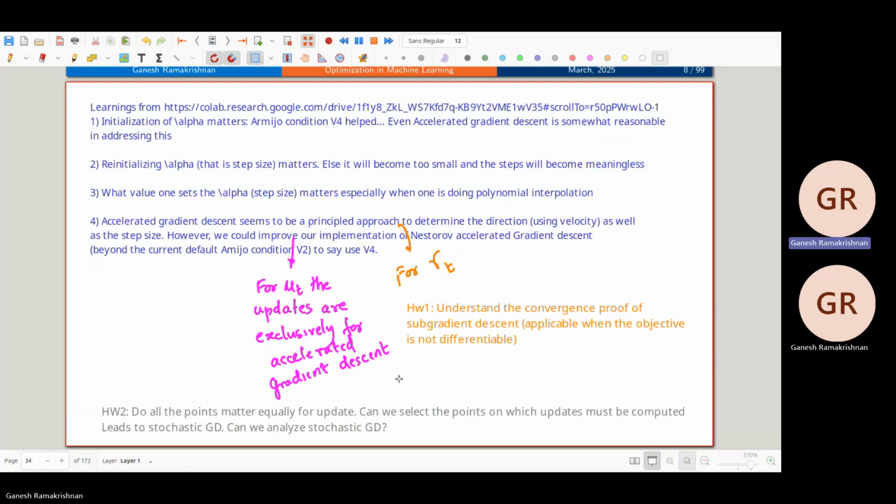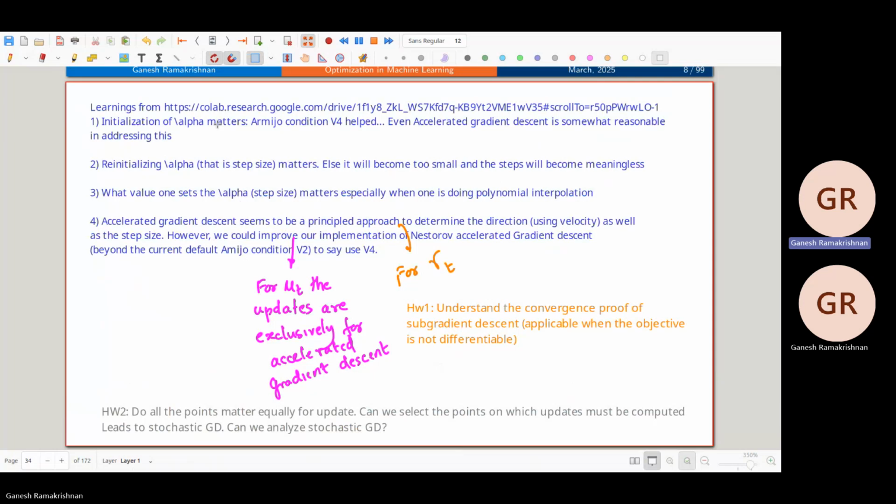If you look at the Colab, there are some other learnings I've put all of them together. So initialization of the alphas. Alphas are the learning rates, gammas, which we use here. The initialization is going to be very important. In Nesterov, there is some initialization, lambda naught is 0 and so on.